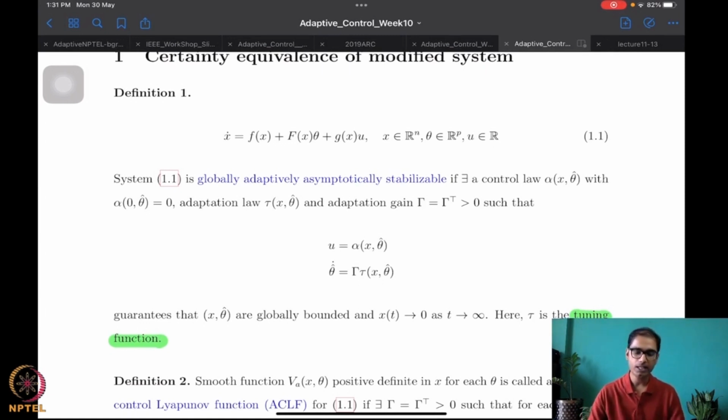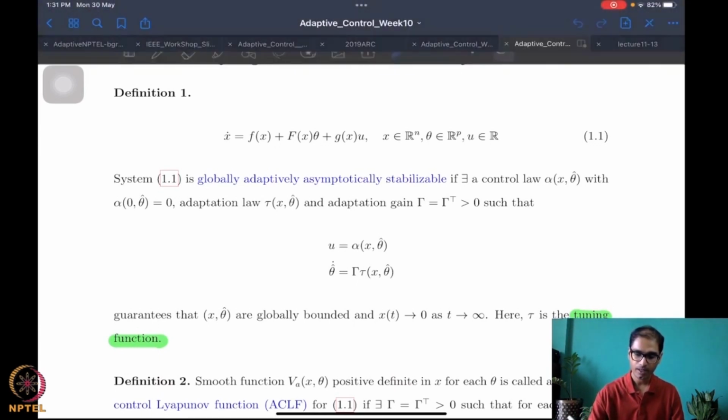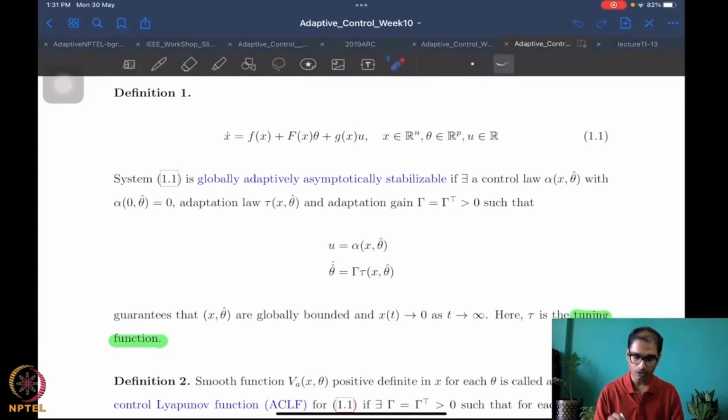Essentially this meant that for a system of this form 1.1, we are looking to have the existence of a feedback law which depends on the state and the parameter estimate, and a parameter update law which depends on a tuning function tau and an adaptation gain gamma.